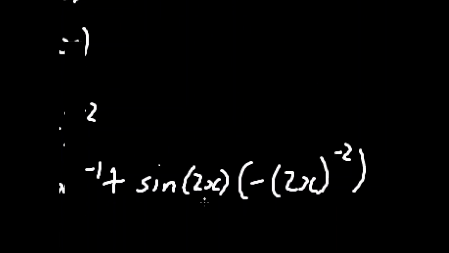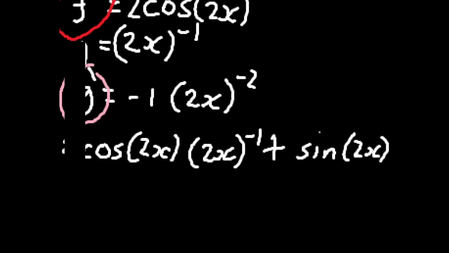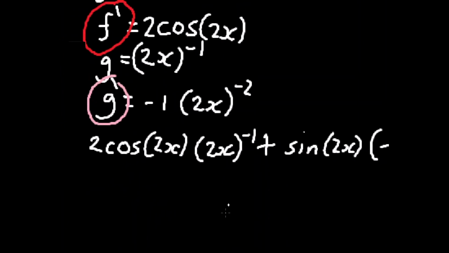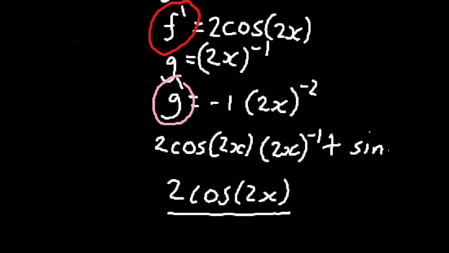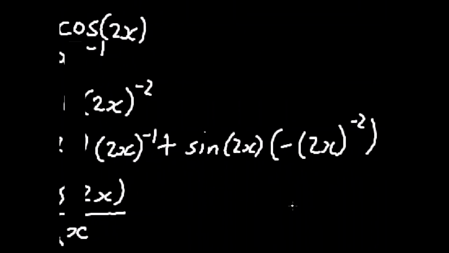Oh, hey, let's simplify this thing because it's looking pretty ugly. And that will become 2 cos 2x all on 2x, and we can cancel out those 2's, and then plus all this stuff towards the end.